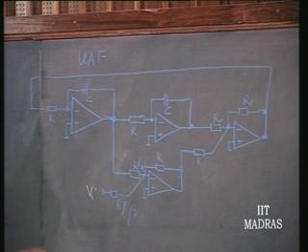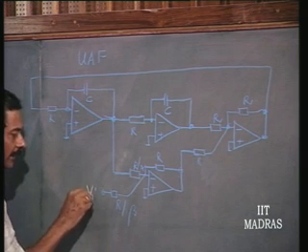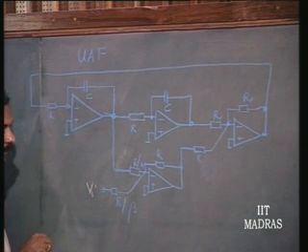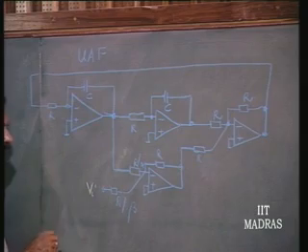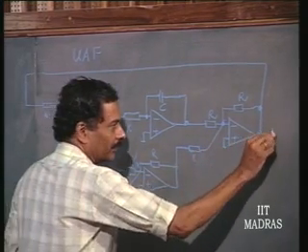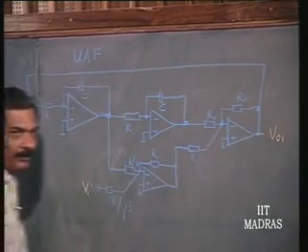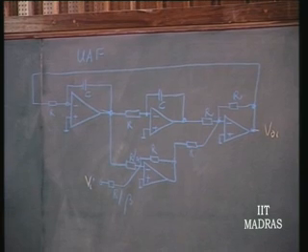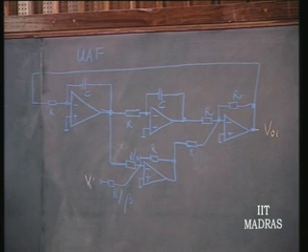Let us therefore quickly analyze this filter, which you have already learnt in some of your undergraduate lessons. Let us see, if Vi is the input applied here, this output we will call V naught 1. Let us express everything in terms of Vi and V naught 1.